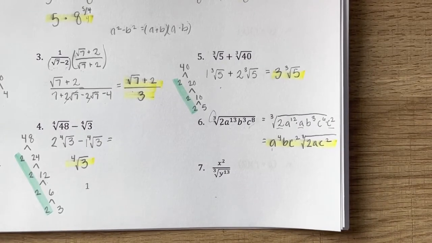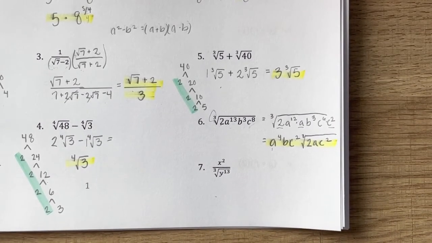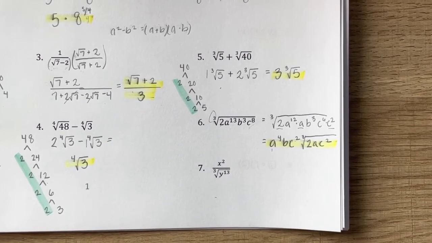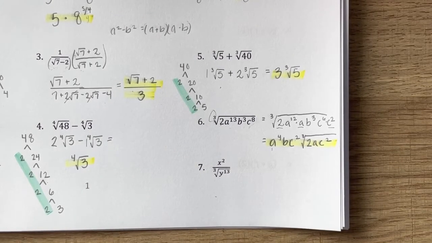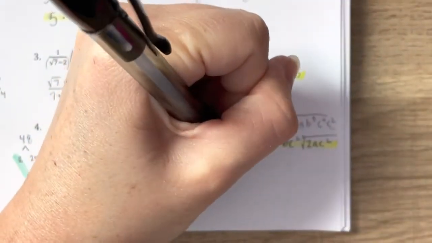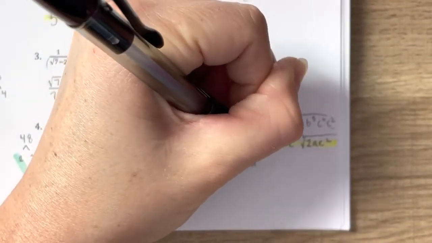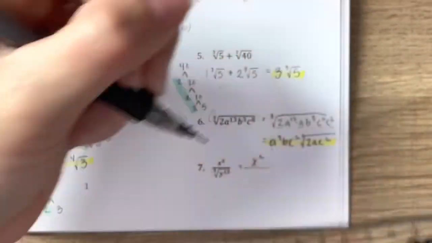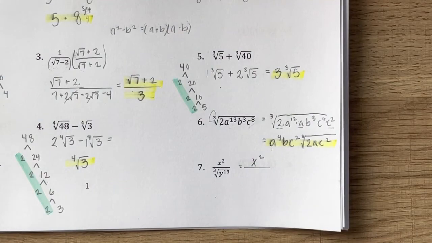And then for the next one, it's x squared over the cubed root of y to the 13th. So the first thing I can do is at least take the cubed root of part of that y to the 13th. I think I said a, but I meant y. So the x squared is going to stay in the numerator. Nothing changes there. And then I'm going to break down the y to the 13th into something that I can take the cubed root of.